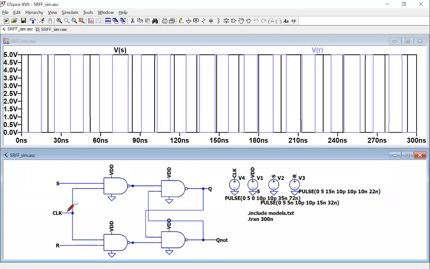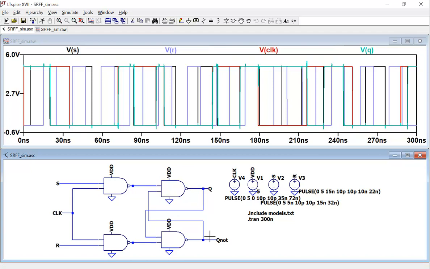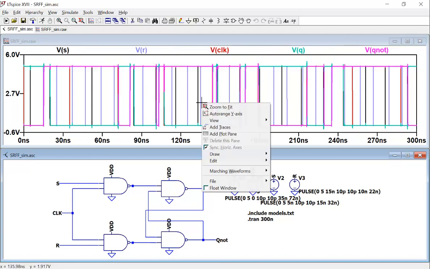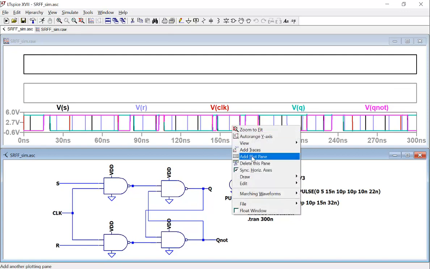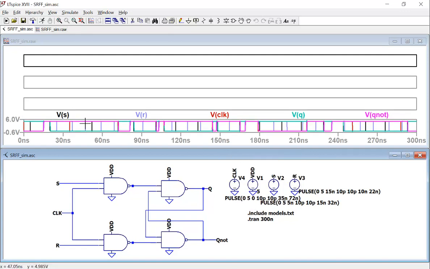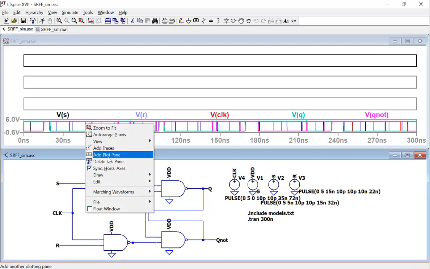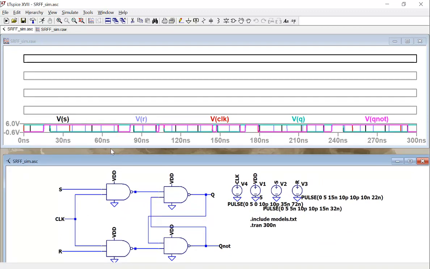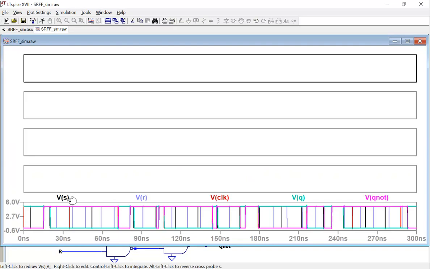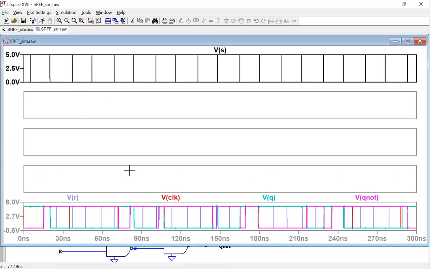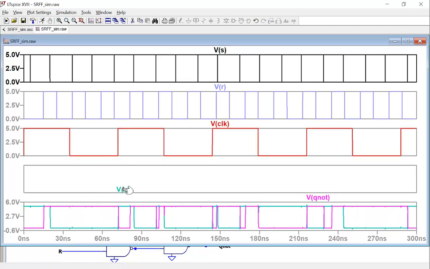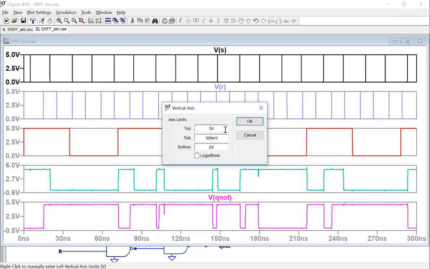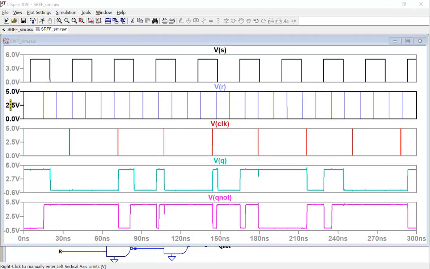So S, R, clock, Q and Q naught. I'm going to change the top Y limit to 6 so you can see the logic 1 over there.